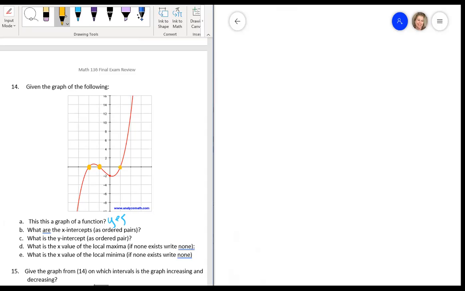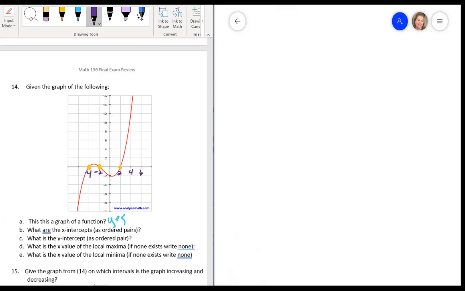Now this one was sneaky, and I hope I fixed it on my answer key. Yes, I did. Because at first I wasn't paying attention, and I saw each one of those lines as a 1, and then I noticed how they labeled the y-axis. They label every little square by 2. So if I'm paying attention, this would be -2, this would be -4, this would be +2, +4, +6.